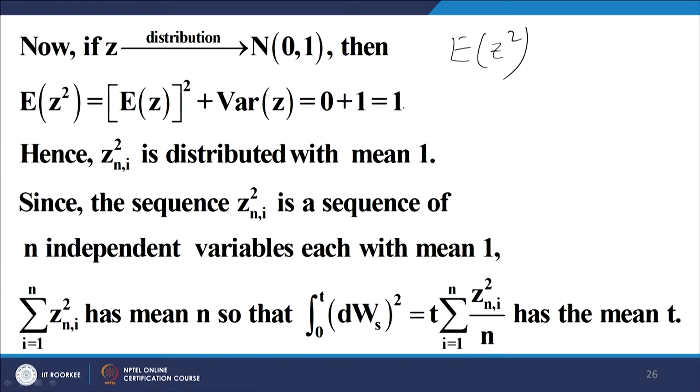E of z squared is equal to (E z) whole squared plus variance of z, because variance of z is equal to E of z squared minus (E z) whole squared. E z is 0. Therefore, what is variance of z? Variance of z is 1. Therefore, E of z squared must be equal to 1. Hence, what do we have?